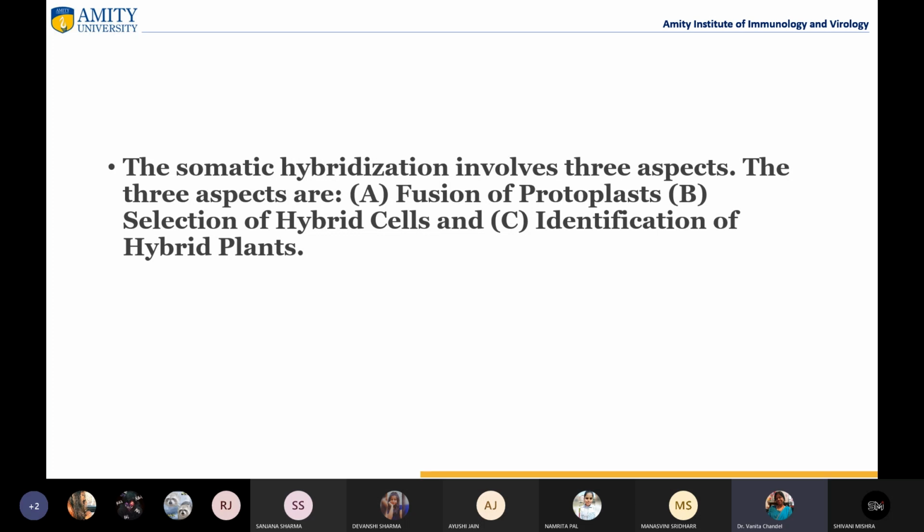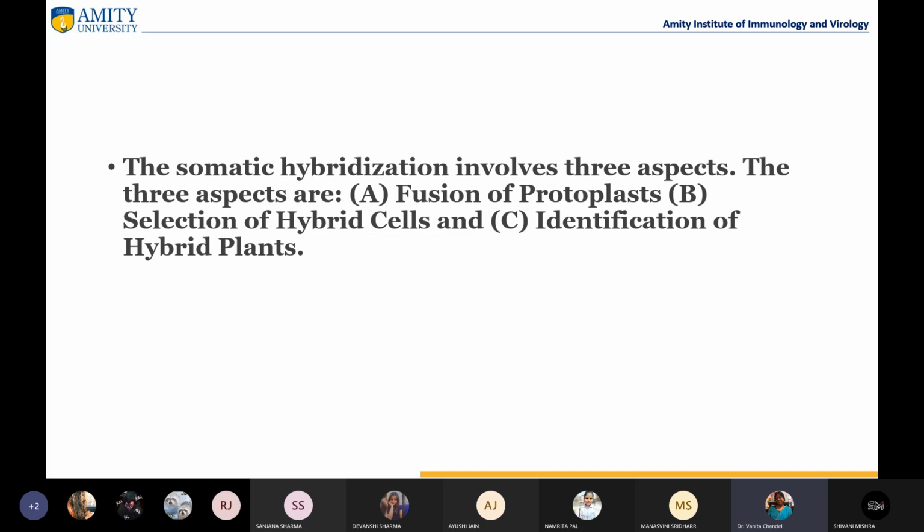We are not going to take all the hybrids, and the selection of the hybrid also involves a lot of processes: how do we know that this particular hybrid plant has genes from protoplast A and also protoplast B? How do we identify that? There are certain techniques available for that also. Then comes selection of the hybrid plant, then identification.